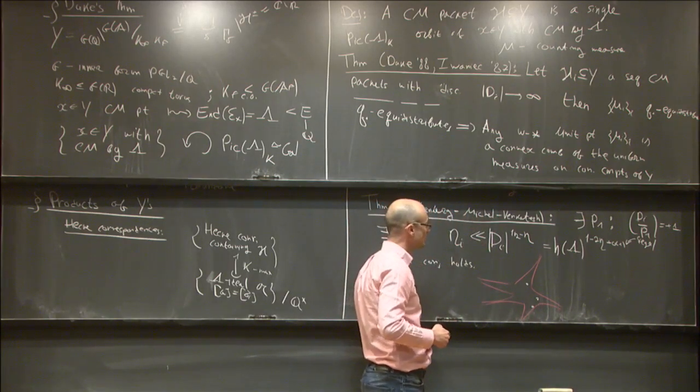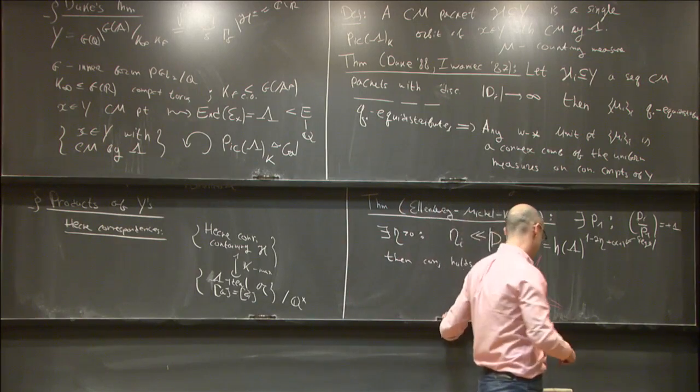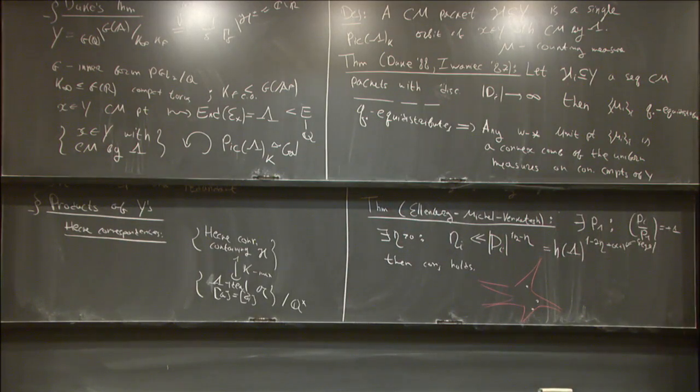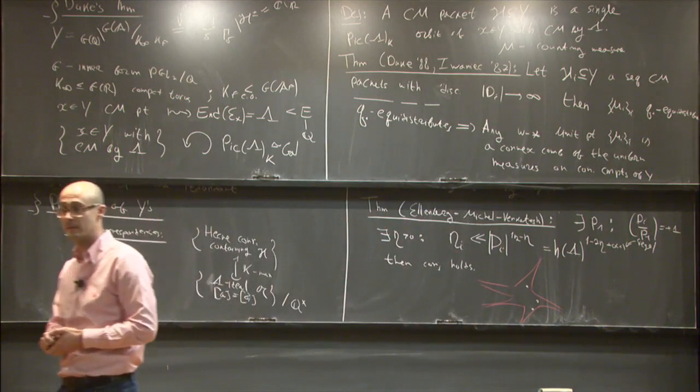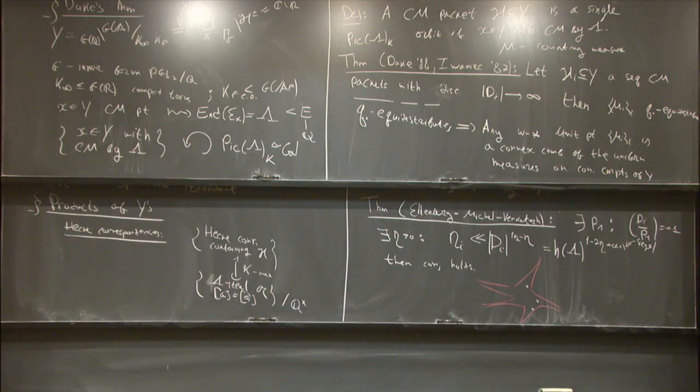So maybe let's come to the new results. It used not the theorem, it used the method of proof of the one copy case, and a quantitative version of the one copy case.